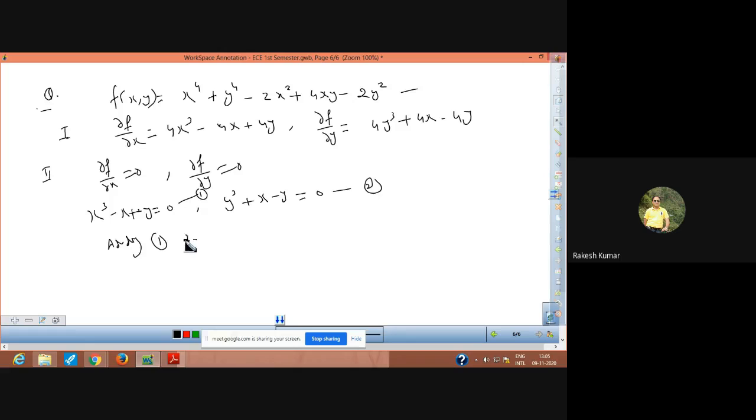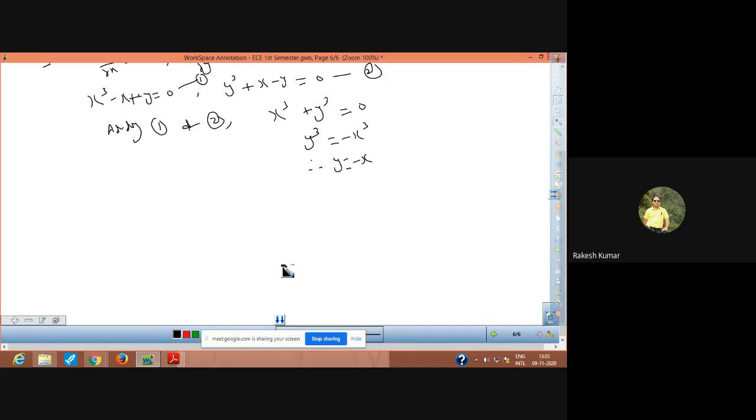You will add 1 and 2, and you will get x cube plus y cube is equal to 0. The remaining terms will be cancelled. And from this, we can write down y cube is equal to minus x cube, or y will be equal to minus x by taking the cube root on both sides.